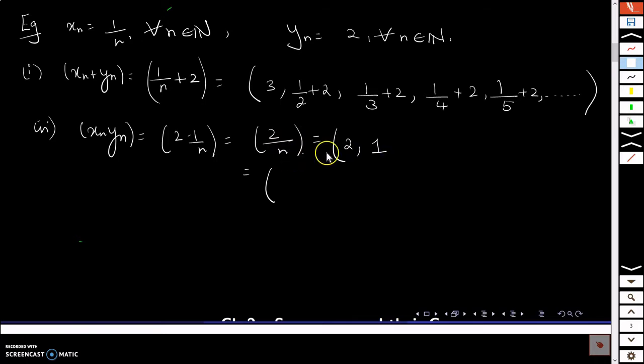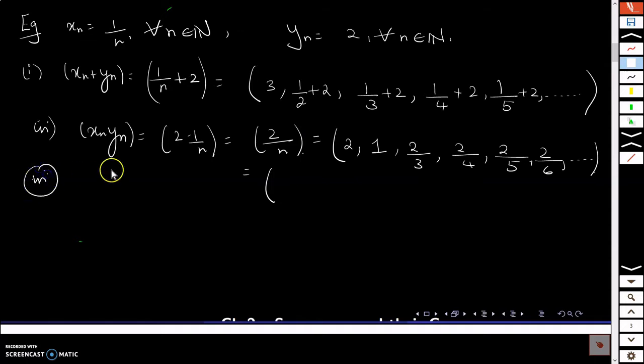When n is equal to 2, it will be 2 by 2, that's 1. When n is equal to 3, it will be 2 by 3, then 2 by 4, 2 by 5, 2 by 6, and so on. Right? So this is how the product of two sequences are defined. Each corresponding terms you multiply.